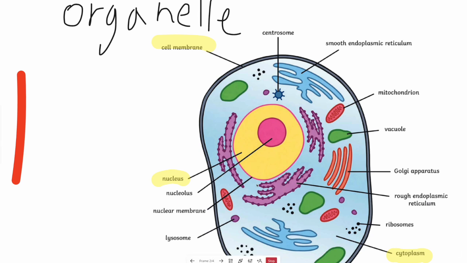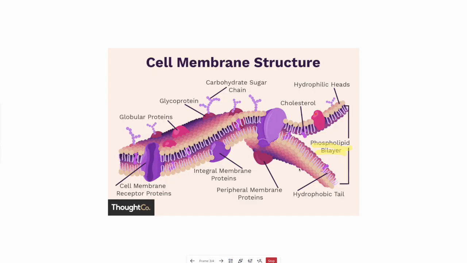But basically, let's talk about the cell membrane now, the border. One of the most important things. The cell membrane consists of the phospholipid bilayer. The phospholipid bilayer is basically just two layers of phospholipids. Now, what are phospholipids?